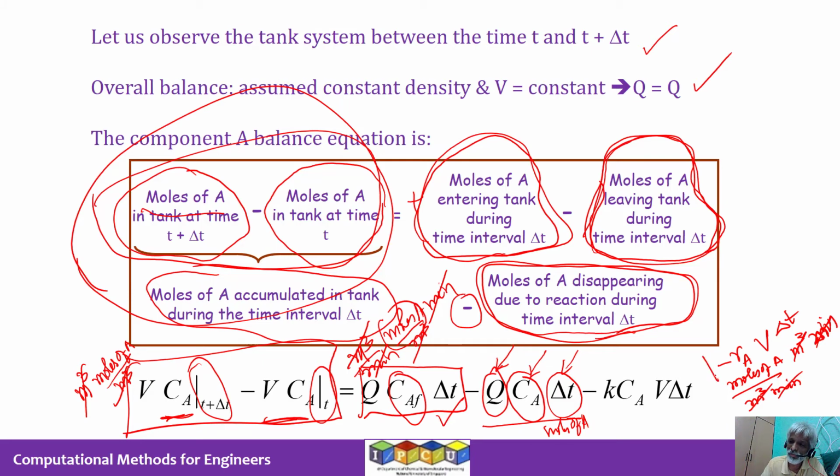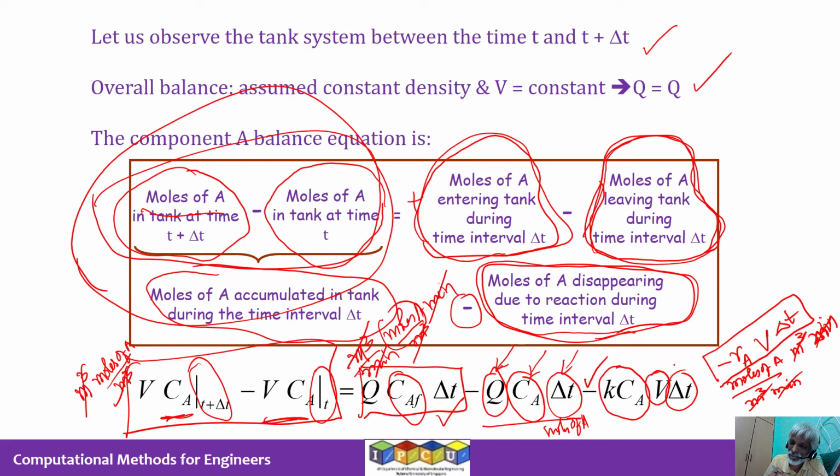So the rate of disappearance of A is going to be with a negative sign because A gets converted into B and A is destroyed. Therefore, its inventory will go down, right? That's like an expenditure of A. So negative sign. This is the rate of the reaction, k Ca, multiplied by the reactor volume, multiplied by the time over which this reaction takes place, the time duration that we have observed the system.